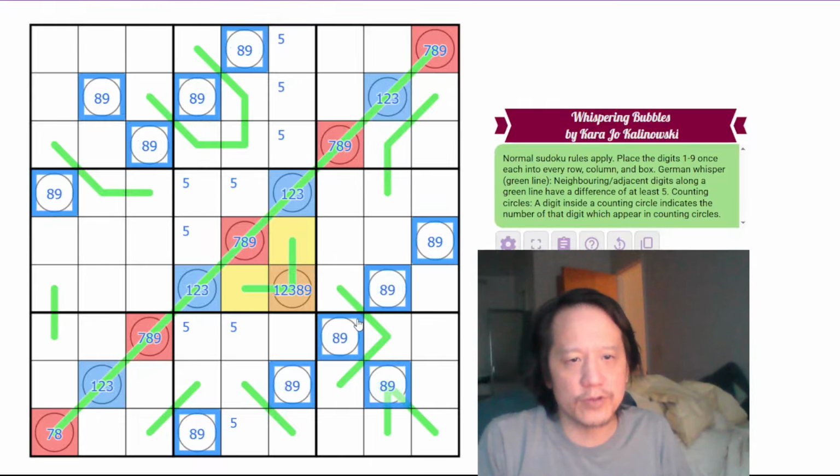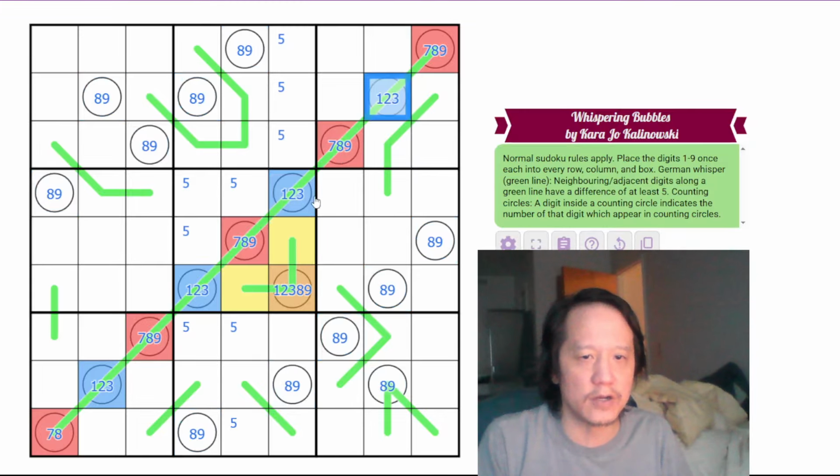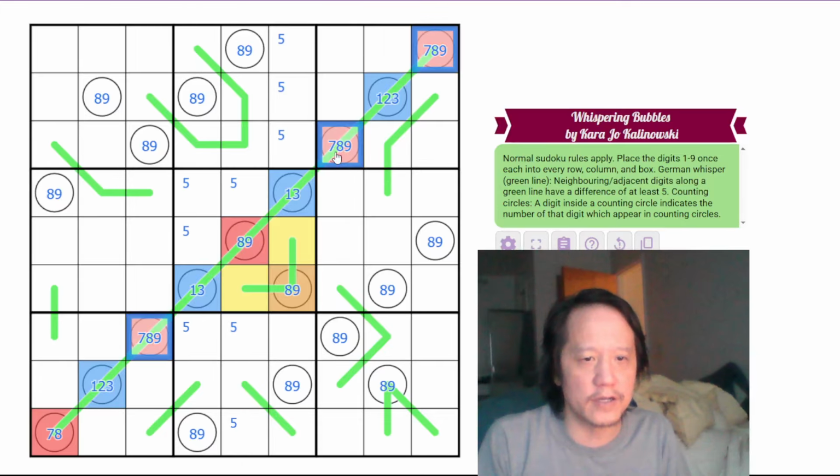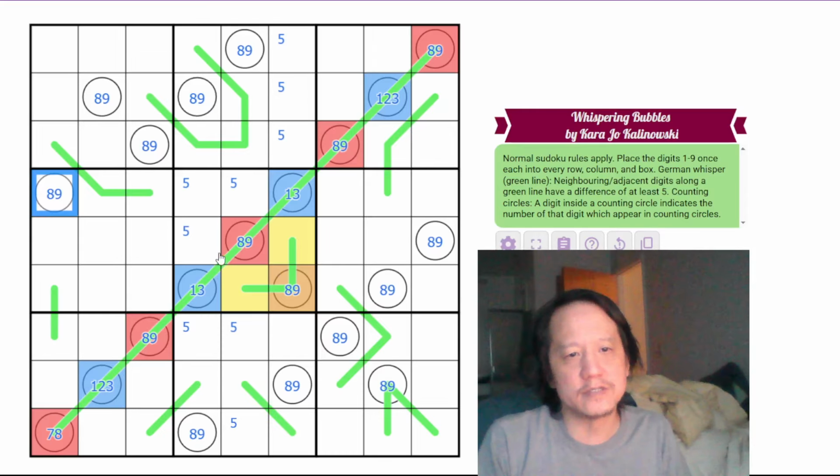And 1, 3 cannot appear in any of the other circles because they fill all of these. So this is 8 or 9. This is 1, 3 as a pair. So since this is 8 or 9, this has to be 9 because that's the only possible 9 in a circle in box 4. This 9 means this has to be 8, and this is 9.